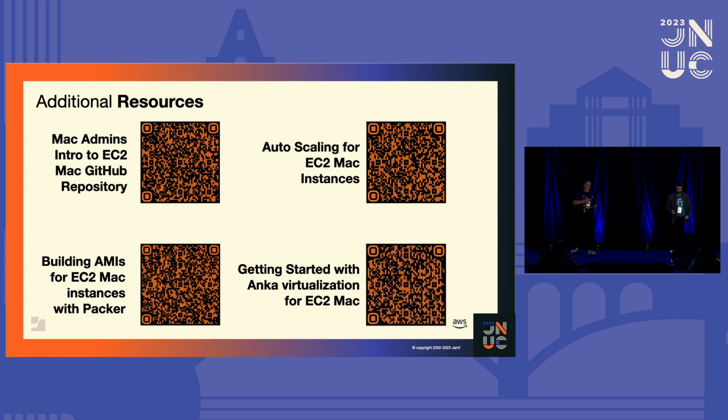Yes. So, a question about images. I said images, and I didn't say too much more about images, and I can absolutely do that. AMIs, Amazon Machine Images, are what are used to boot an EC2 Mac instance.